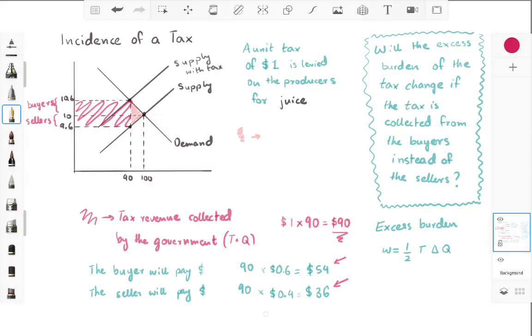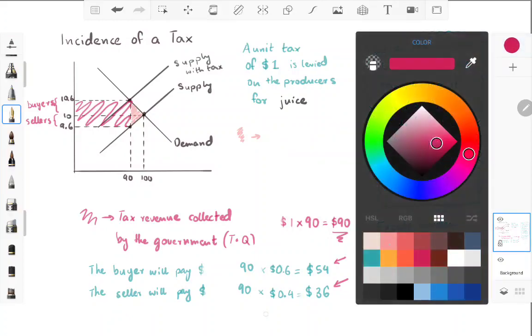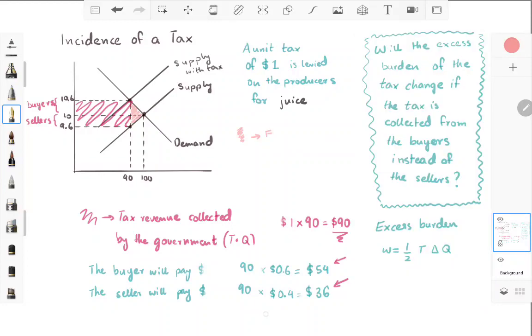We also notice that the excess burden is this triangle right here, the pink triangle. This represents the excess burden caused by the tax, and this is technically a deadweight loss to the society from the tax. This is a loss to the society caused by the tax.